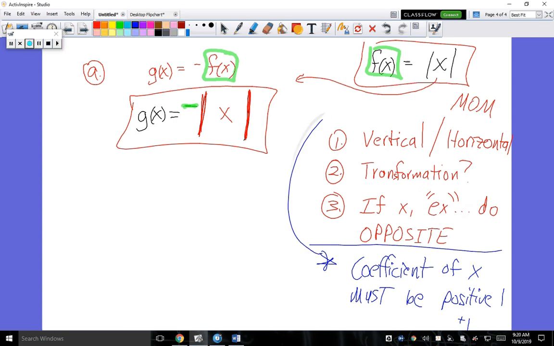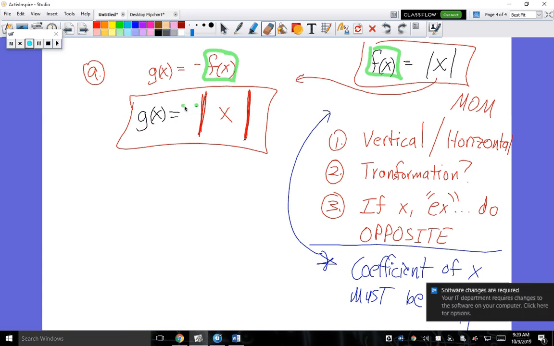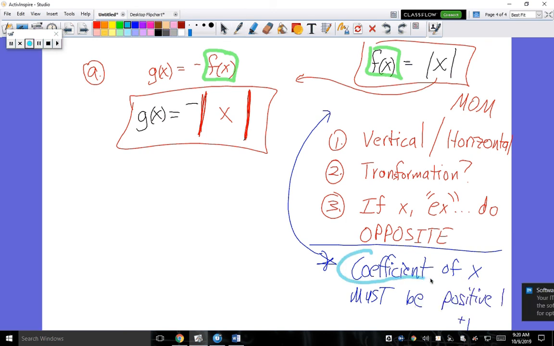So it's like this has to happen first. Okay? Alright, here we go. And I'll walk you through this with color highlight. Is the coefficient of x positive 1 right now? Yep, so we're ready to rock and roll.